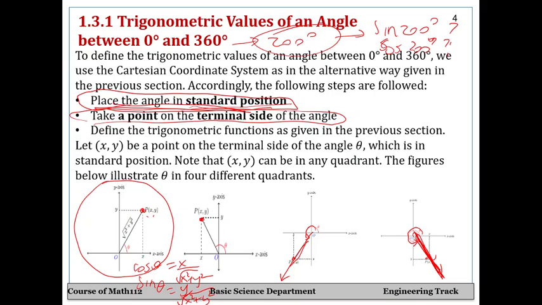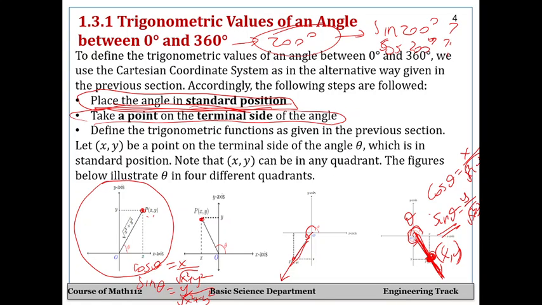At each of them, like, we take a point on the terminal side, we find the xy value here, and then directly we write cosine theta in terms of x and y, and we take y over square root of x squared plus y squared as sine theta. We know the formula, so we will use exactly the same formulas as in the first quadrant.